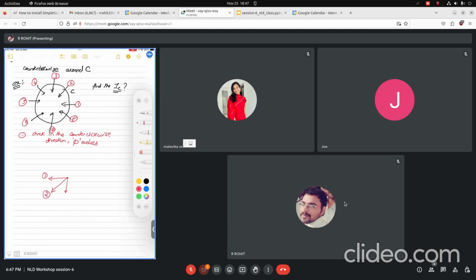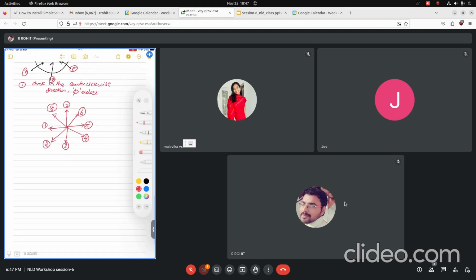And the third is going like this. Similarly, fourth is going like this, fifth like this, sixth goes like this, seventh is like this, and eighth is like this. Now from 1 to 8 we are covering a counterclockwise direction and we are reaching back to where we started. So the phi of c is 2 pi.